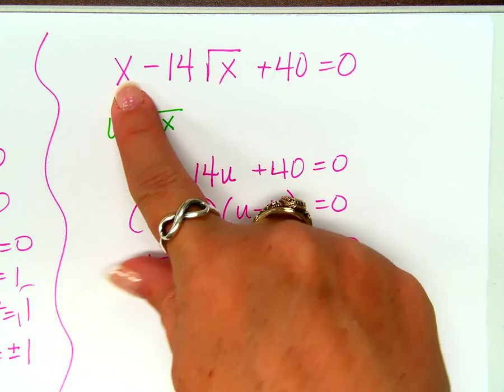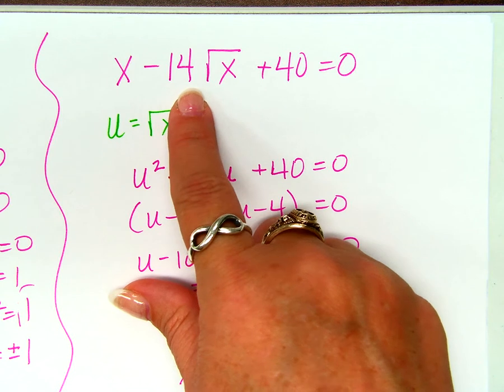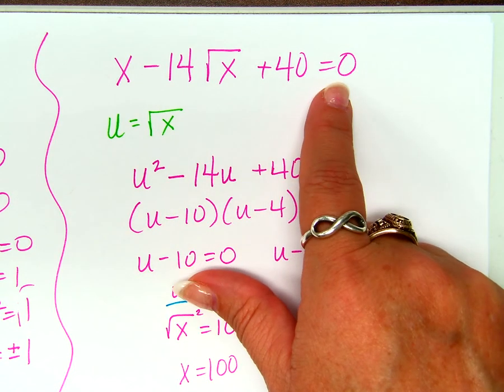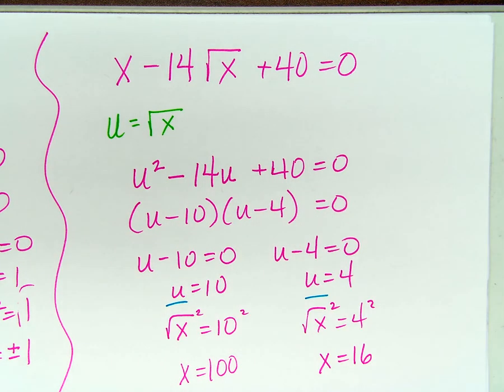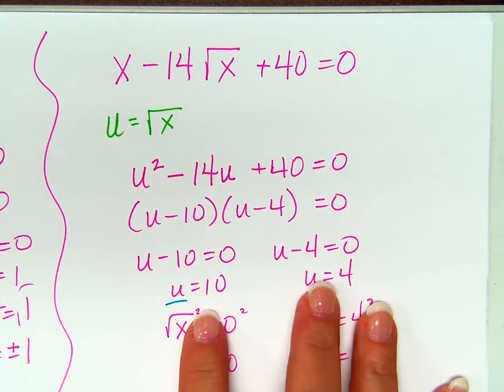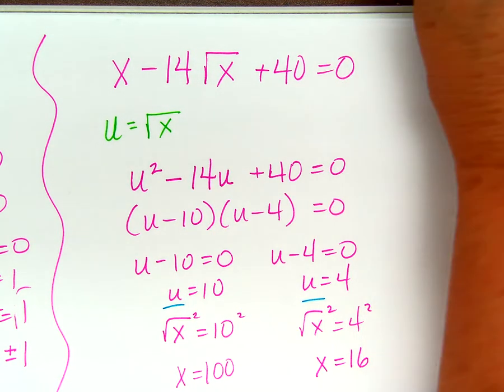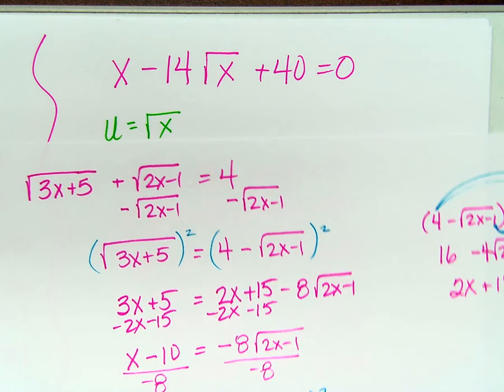So 16 minus 56 is negative 40 plus 40 equals 0. So it works, right? But if I try to do this the other way, it would be a mess.